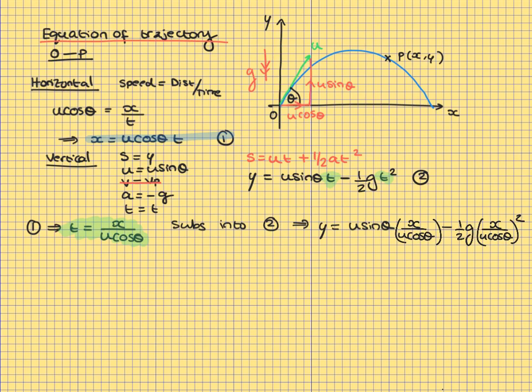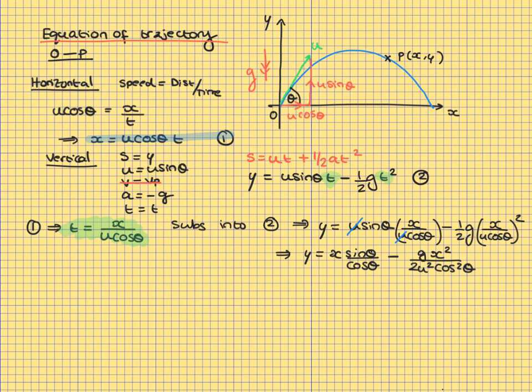Like so. Now, all that's left is to try and simplify this. So this gives me y equals, my u's here will cancel, and I'm left with x sine theta over cos theta, and you should be thinking about what you could do with that in a minute. And over here I've got gx squared over 2 u squared cos squared theta.